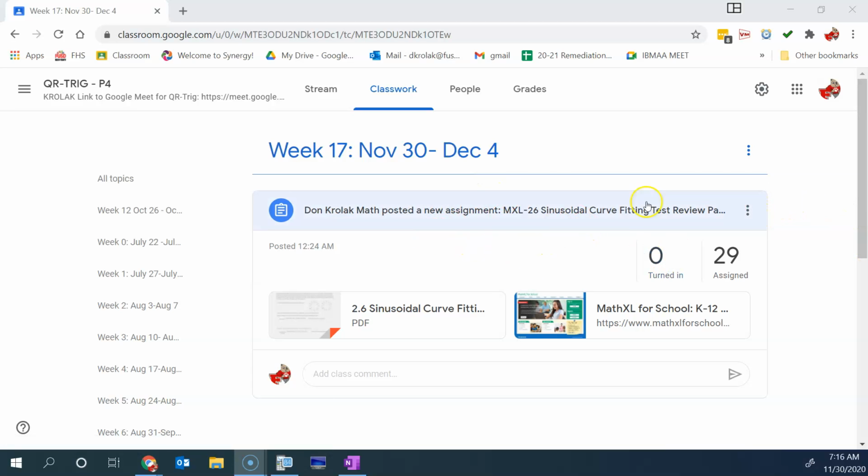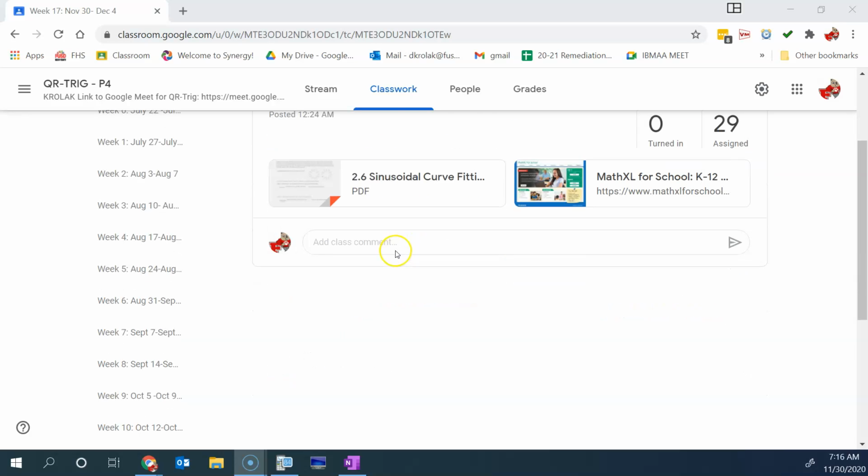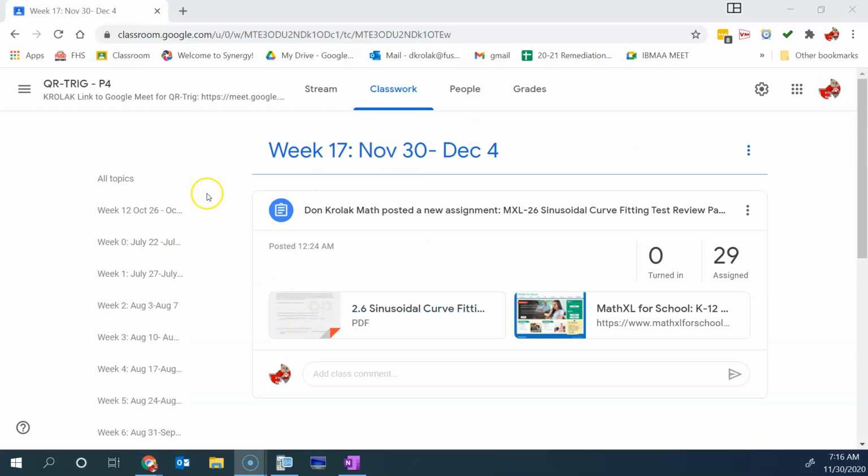All right. So when you look at tonight's assignment, or today's assignment, I think there's only 2 questions on it. Okay. So the handout that I gave you today takes you through how to do this question on Math Excel.